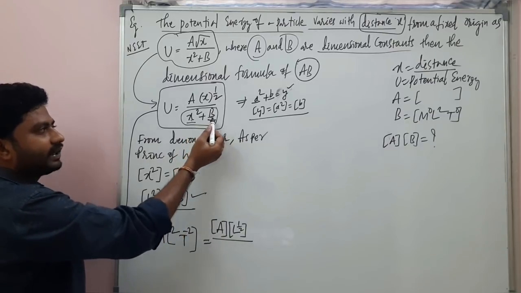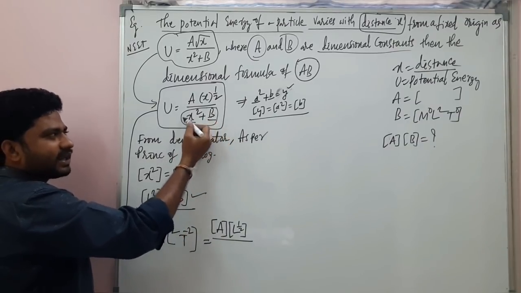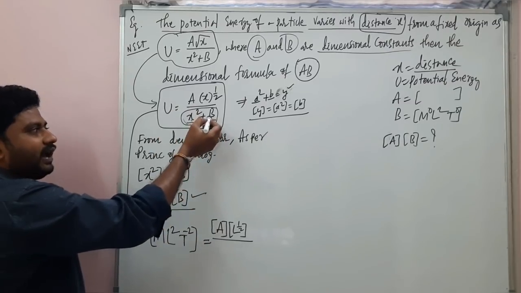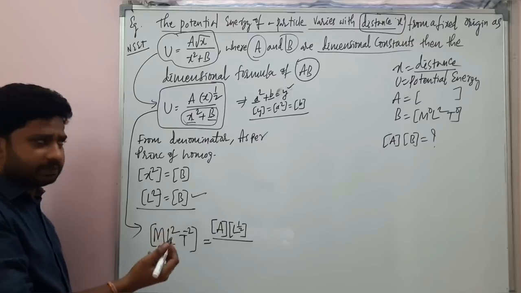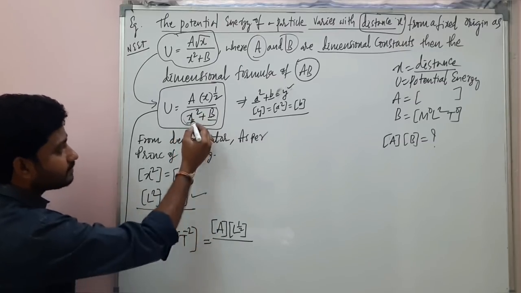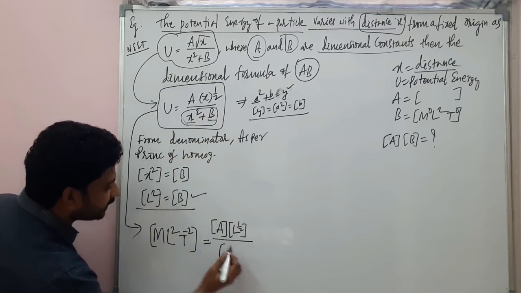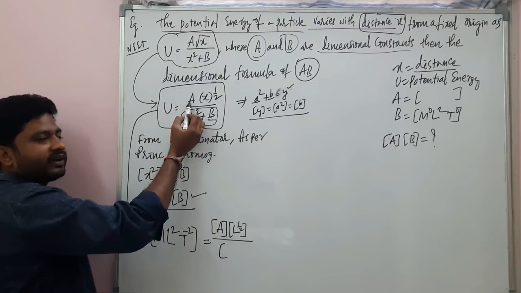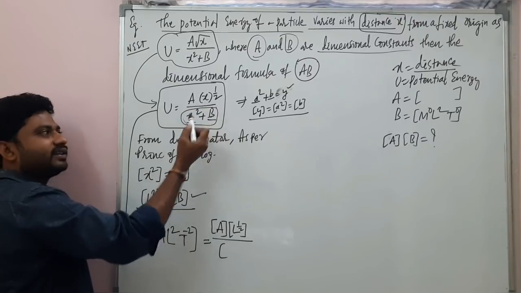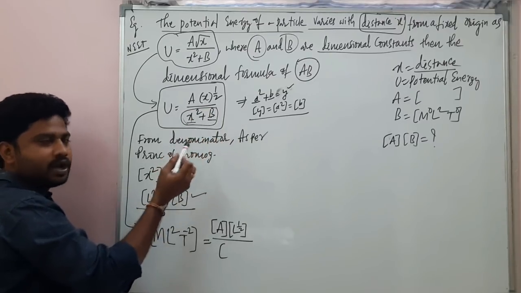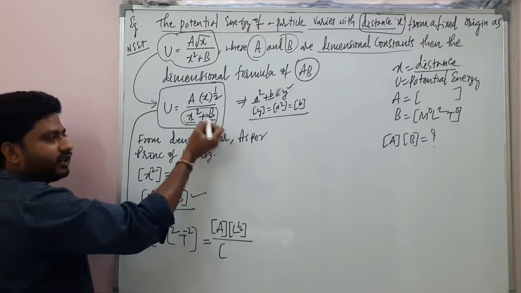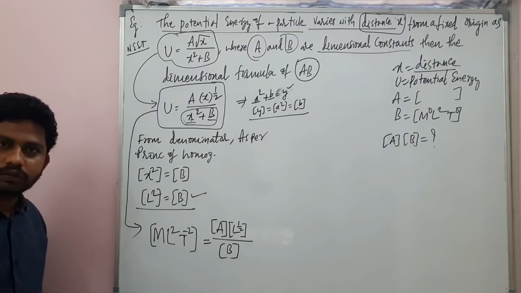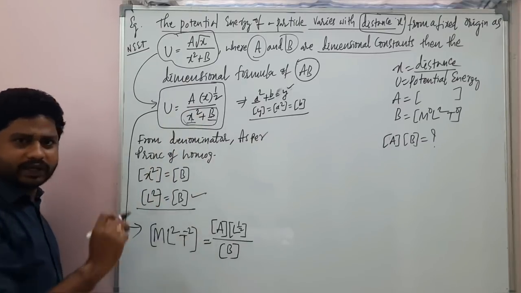So the sum will have the dimensions of b, or the dimensions of x square, both are the same. So the sum in the denominator will have the dimensions of b, or L square. Everything is fine.